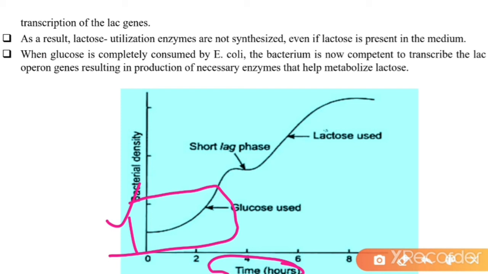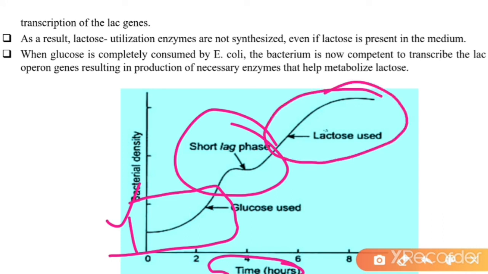Afterwards the bacteria went into the short lag phase, because the glucose that was there got exhausted, and because of that Escherichia coli went into the lag phase. During that time they underwent catabolite repression, which means they synthesized enzymes for lactose utilization by expressing the lac operon. That is how they utilized the lactose in the second phase. That is what shows us the two phases of microbial growth.